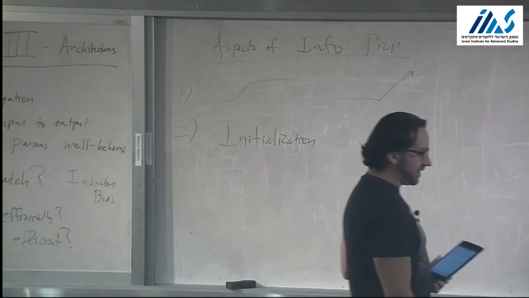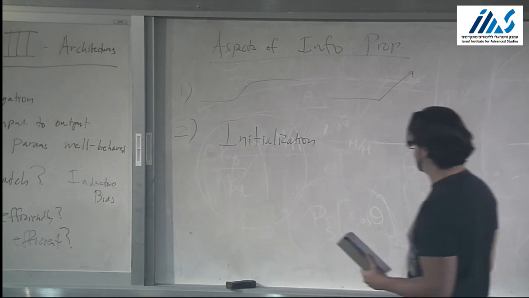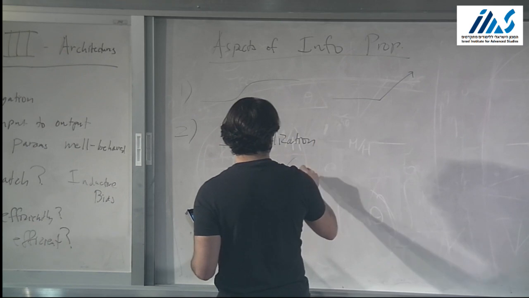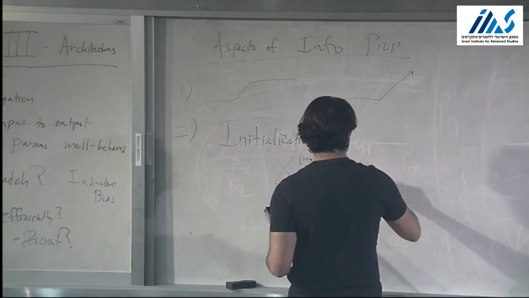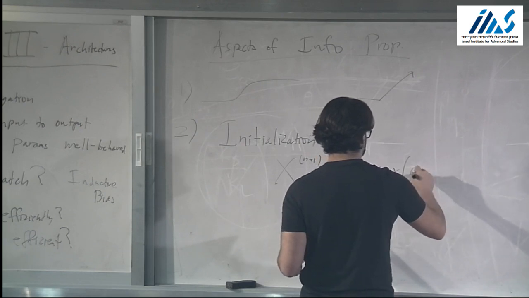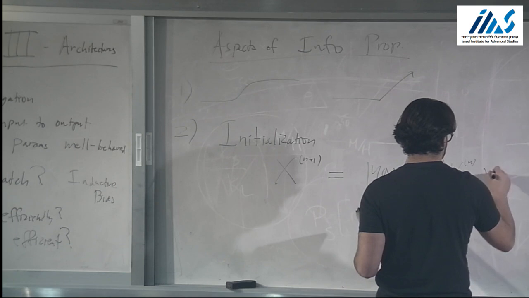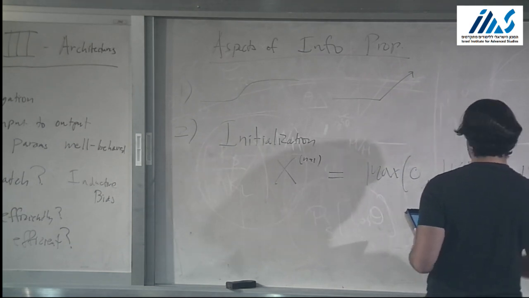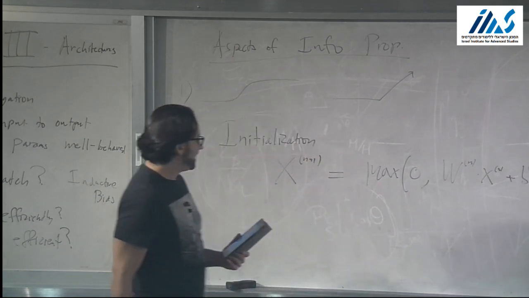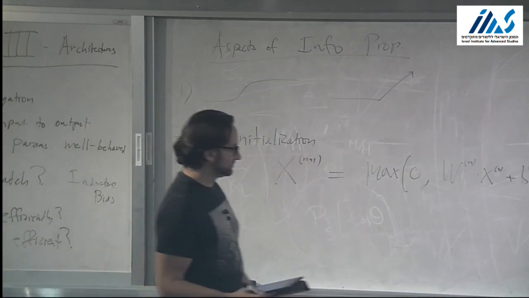Another question you can ask, and pretty easily address, is the question of initialization. If I have a neural network that involves these compositions, where the output of the n plus first layer is this ReLU, then I have to start somewhere.